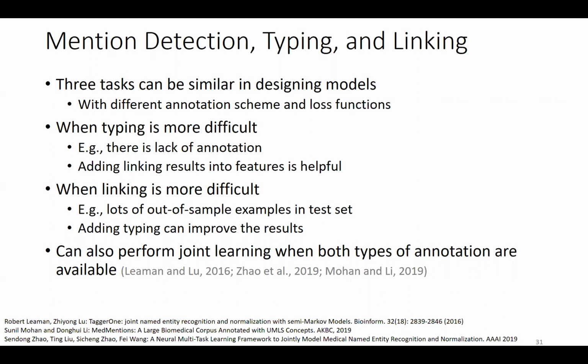While linking is more difficult, for example, when there are more out-of-sample entities in the test set, adding typing features would be useful. In the general NLP literature, there are already some existing works doing linking and typing jointly to improve each other.